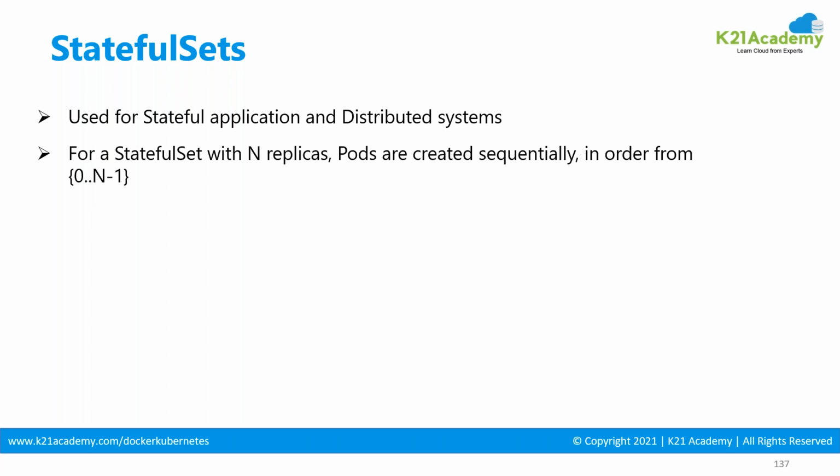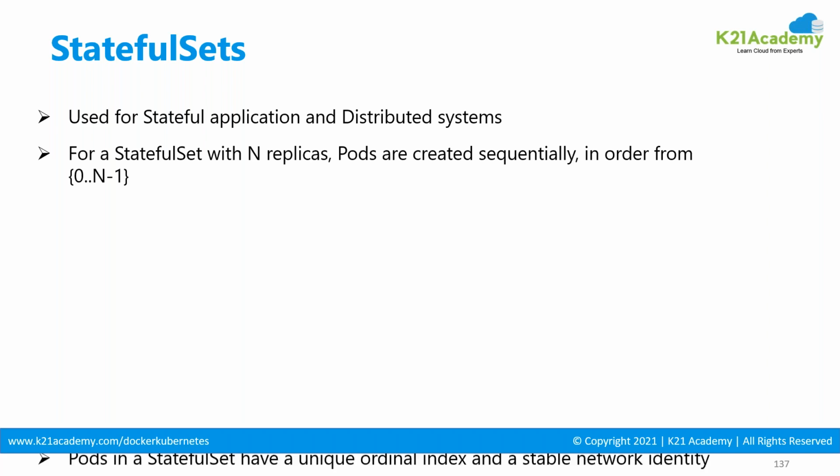A distributed system is nothing but, let's say you have a database, and in the database you want to mark one pod as the master database for write operations, and another pod for read operations, right? How can we do that? Because for database connectivity we need a static persistent IP address, and that is provided by stateful sets.